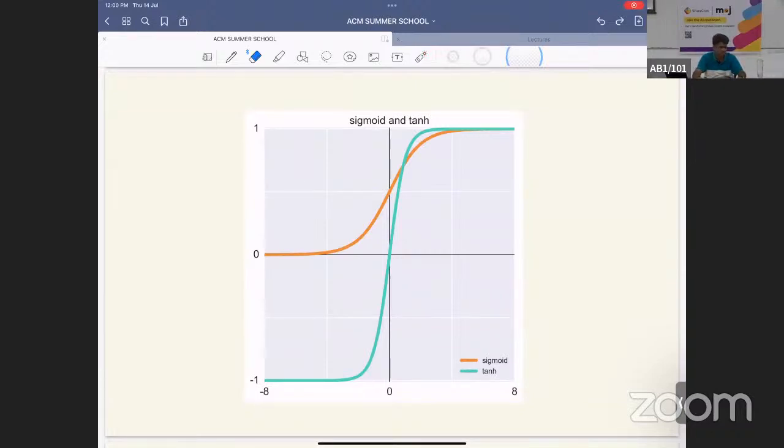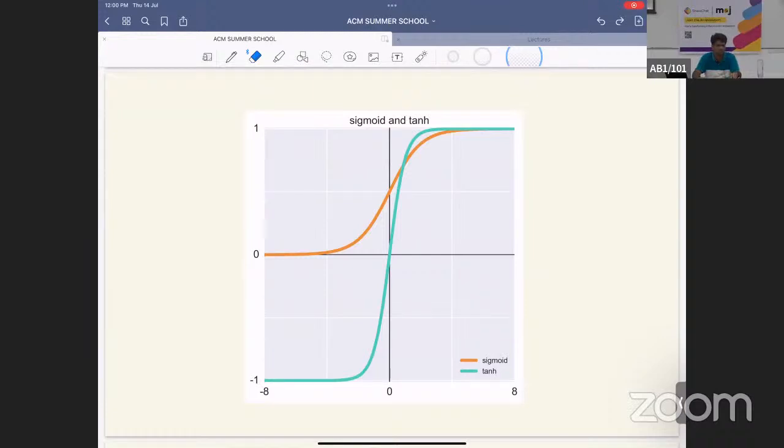But the choice of activation function does not affect the accuracy most of the times, because some activation function will lead to convergence much slower. So that's the reason why we don't emphasize much on why you use this, why not this.